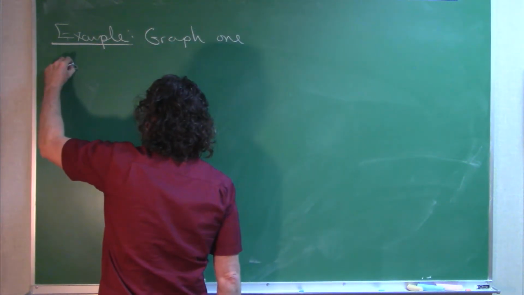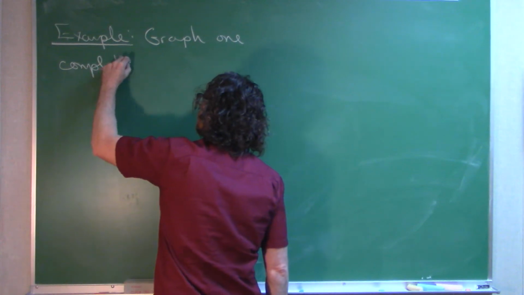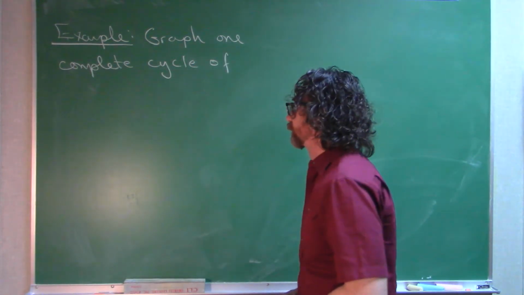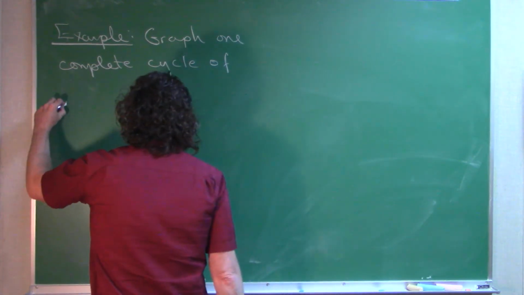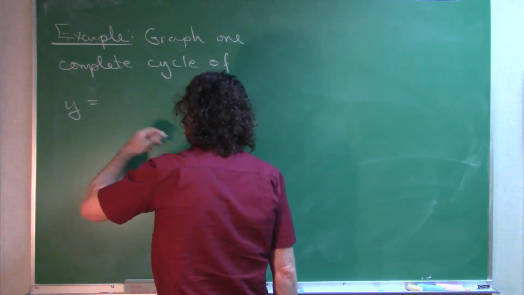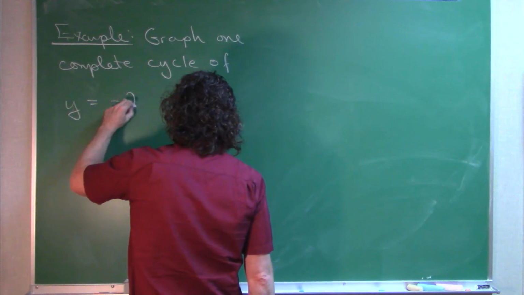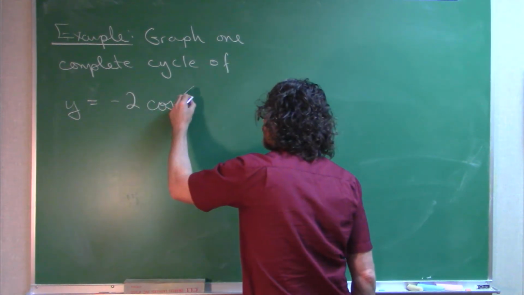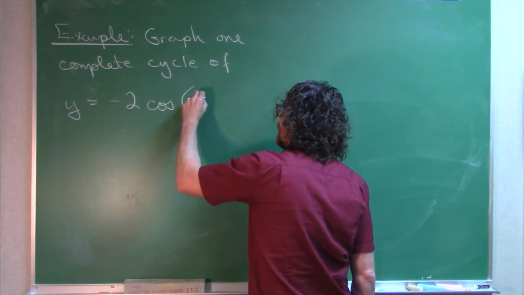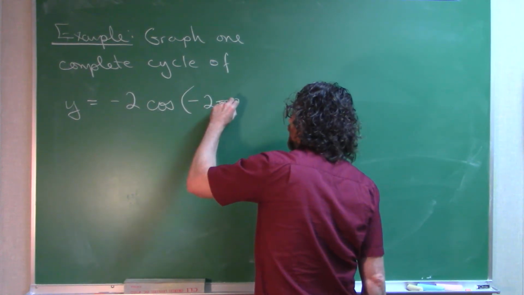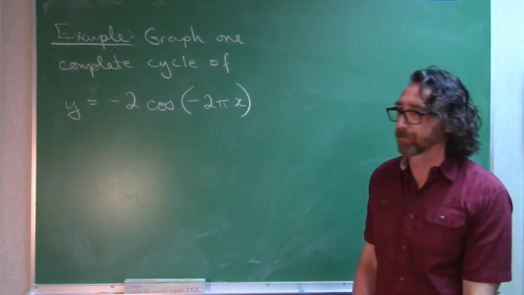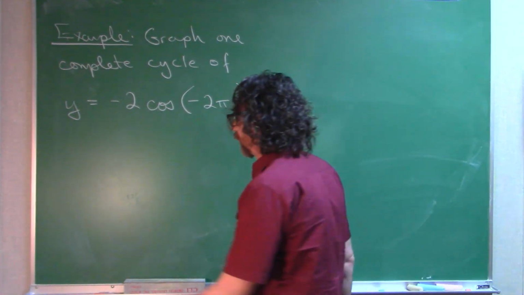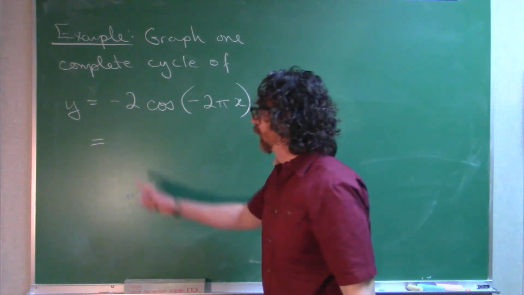Graph one complete cycle of y equals, how about we do this? -2 times cosine of, and let me put a negative in here, -2 pi x.